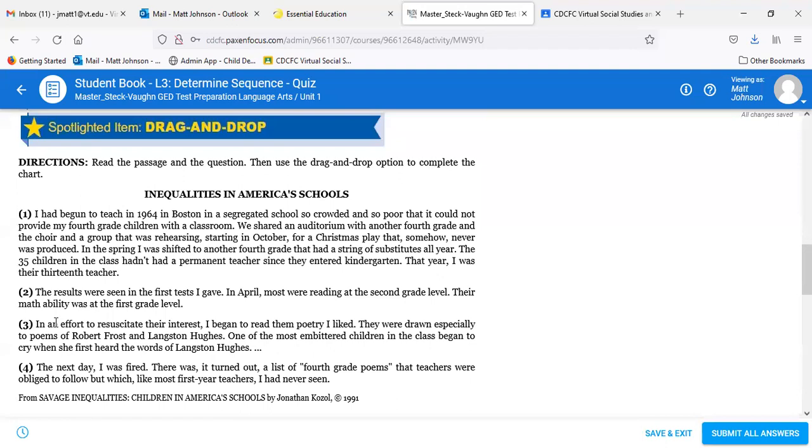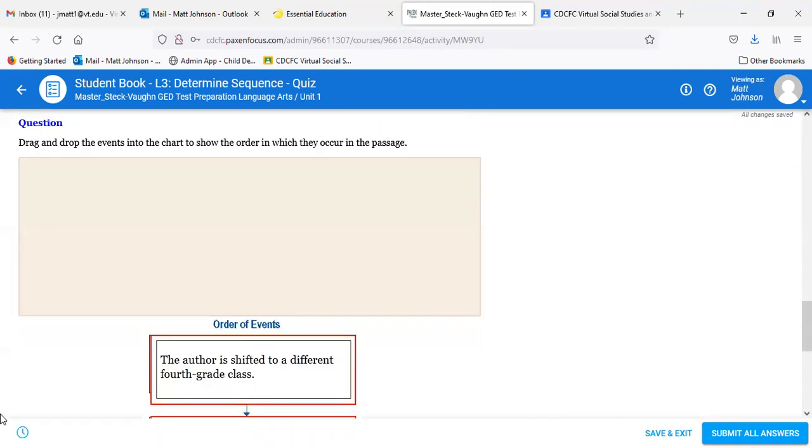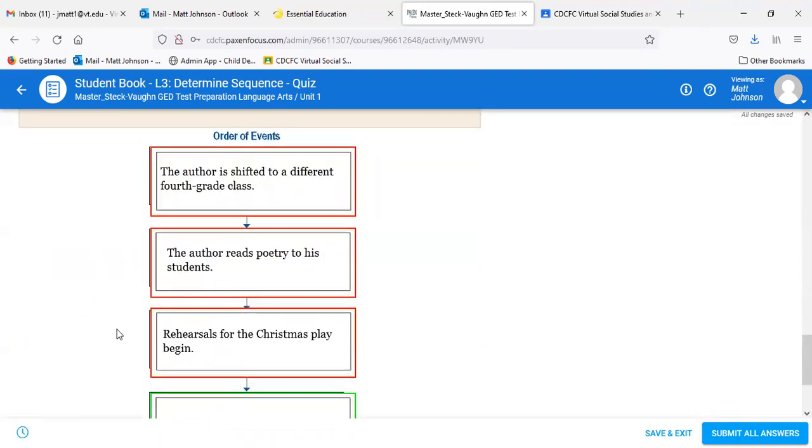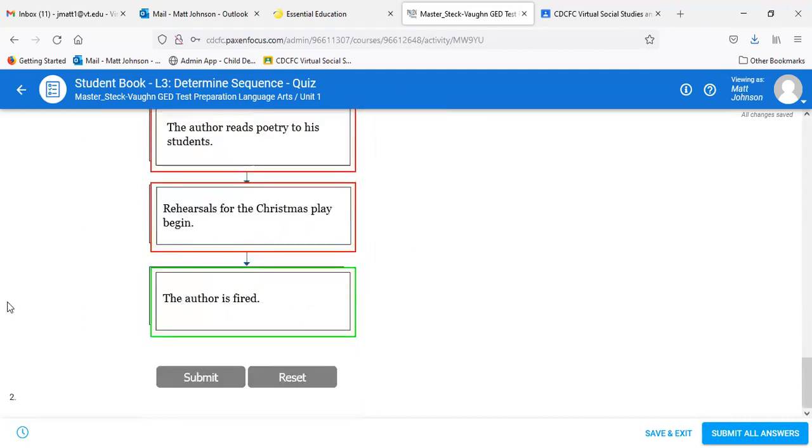I actually answered it last night and wrote it down, and I skipped writing down rehearsals, and I started with the shifted classrooms. So yeah, sorry about that, folks. It's rehearsals first. So rehearsals for the Christmas play, then the author is shifted to a fourth grade class. You just gotta start at the top with rehearsals for the Christmas play, and everything else follows through. And that's why I only got the one green box.